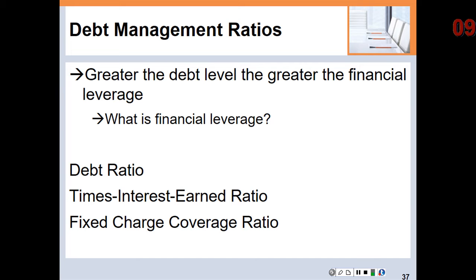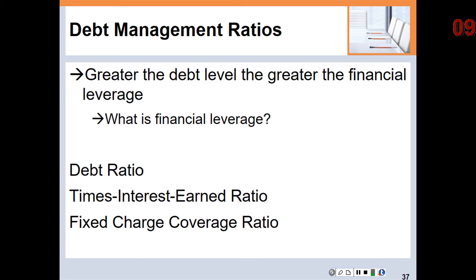I've got a statement here that says the greater the debt level, the greater the financial leverage. And then I've got a question that says, what is financial leverage? Could somebody tell me, and it doesn't have to be a perfect textbook definition, what's financial leverage? All right, so let's simplify it.